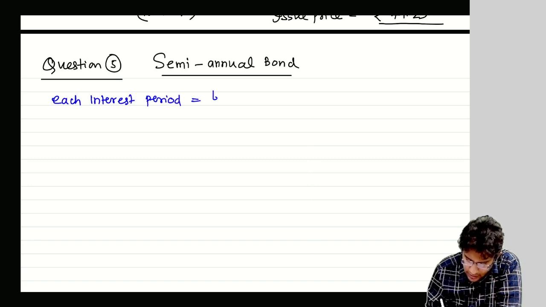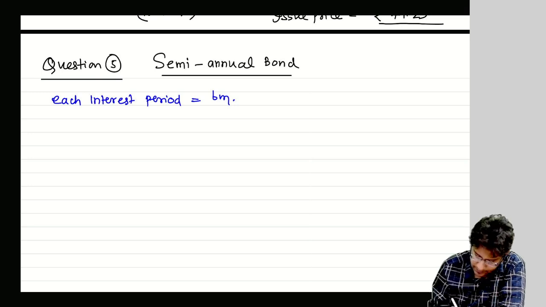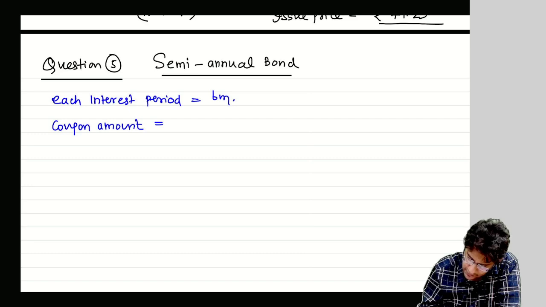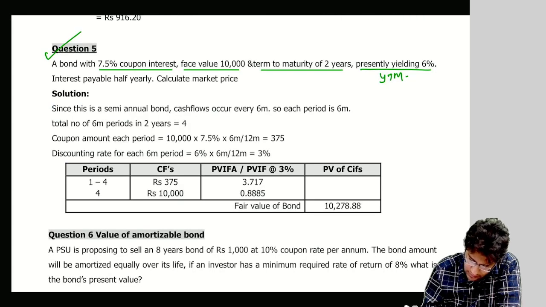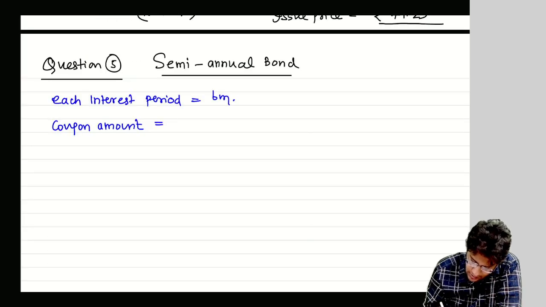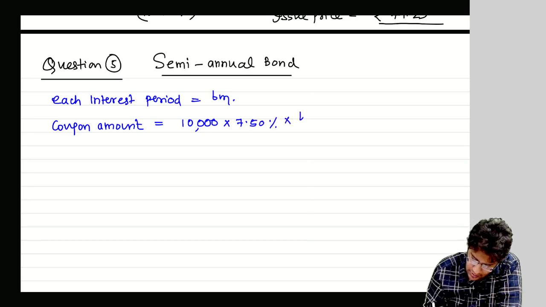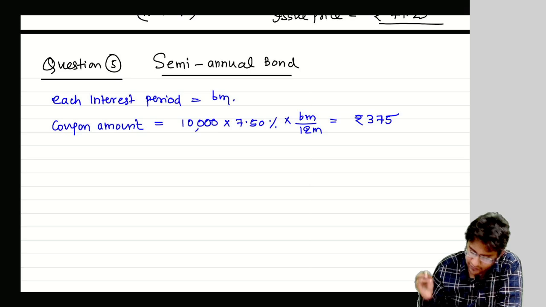Each interest period is equal to 6 months. Coupon amount is equal to, what is the par value given? 10,000 into 7.5% into 6 by 12. How much? 375.